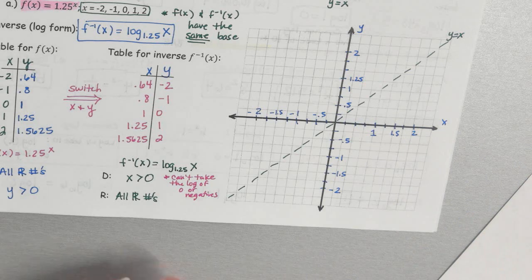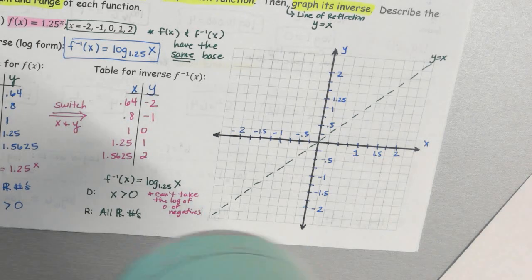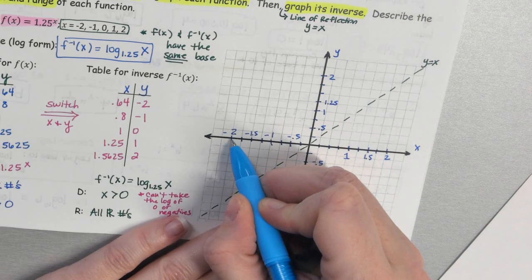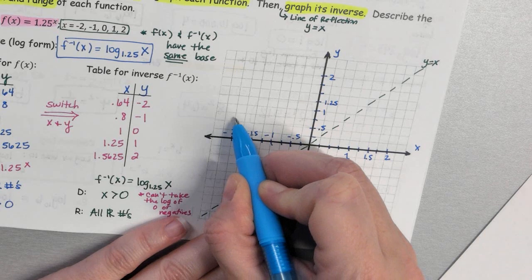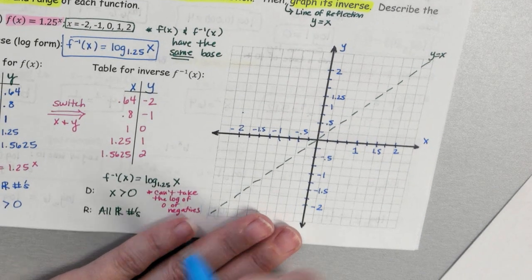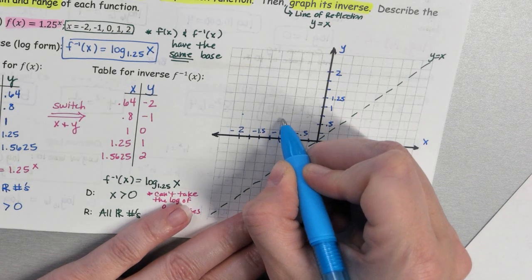Okay? All right, so for the first one, I have negative 2.64. So here's 0.5, this is 0.75. It's going to be somewhere in between those two. At negative 1, I'm at 0.8.